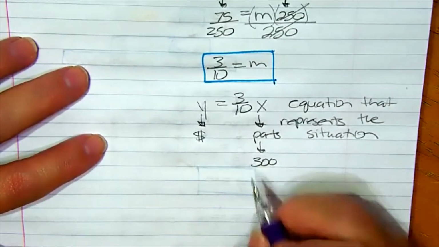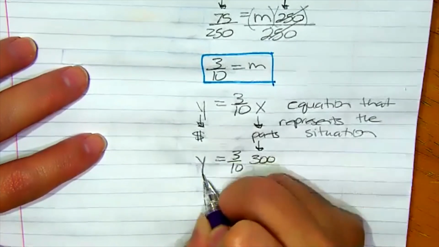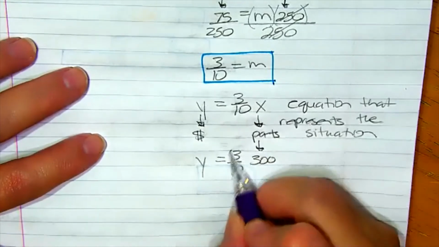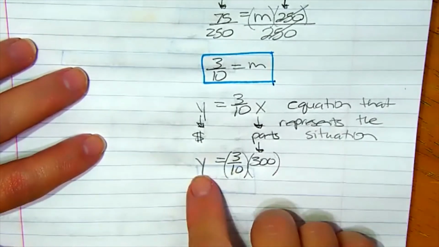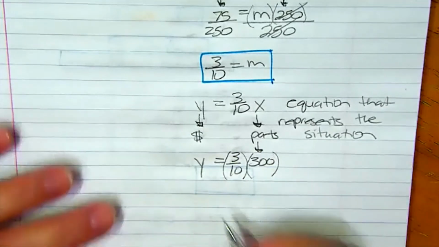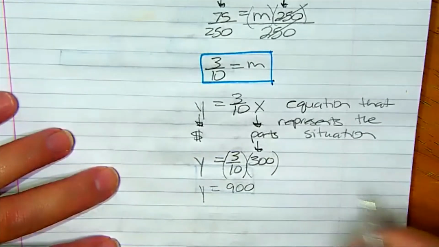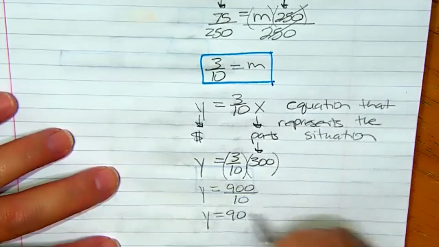So how much money did they make? So we're just substituting this in. Can we figure out how much money they made? Absolutely. y equals 3 times 300 is 900, divided by 10, y equals 90.